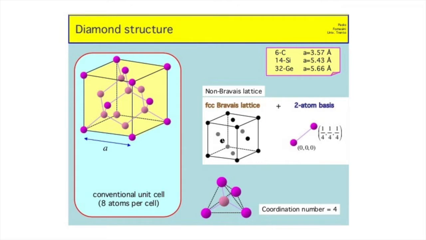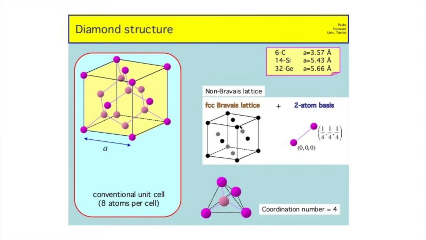And we take that and we build in what's called our motif, as I said before, but might also be called basis, as you can see here. And the basis is the combination of atoms, ions, or molecules that we build onto this point lattice to build our structure.